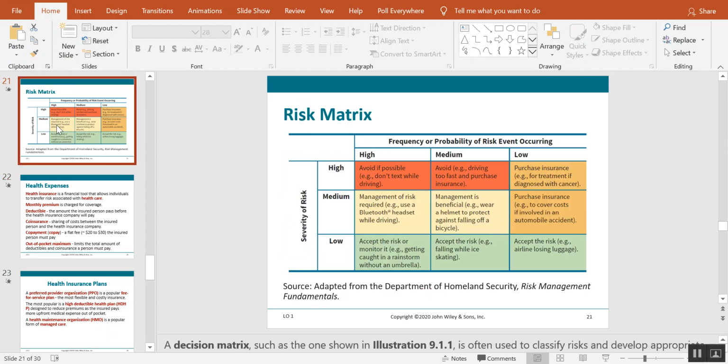So, if we're back here in this risk matrix and we're in a medium area, we may take precautionary measures, but we may also purchase insurance against these high severity events. And they don't happen very often, but they're high severity events, in order to avoid some of those costs.